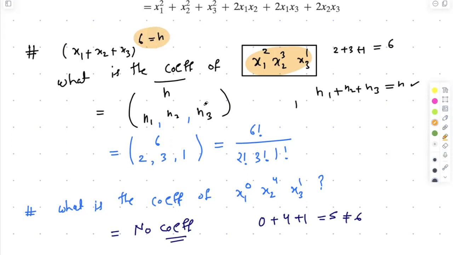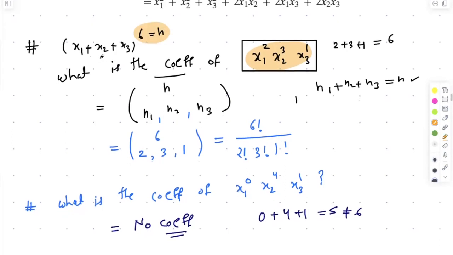So no such term will be there in the expansion of (x1 plus x2 plus x3) whole power 6. Even without expanding, we are able to find the answer using the multinomial. This is not going to be a term in the expansion because the sum of the exponents is not equal to 6.